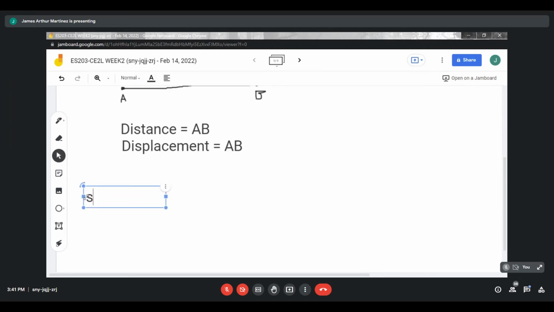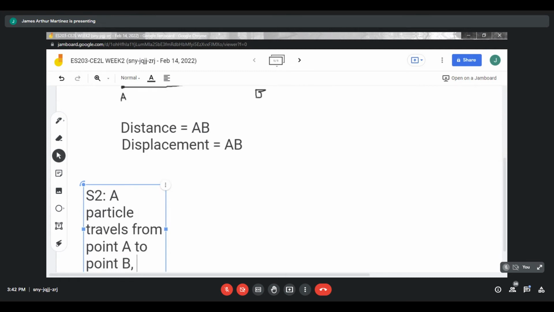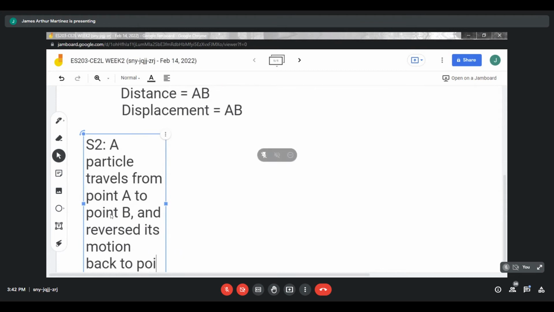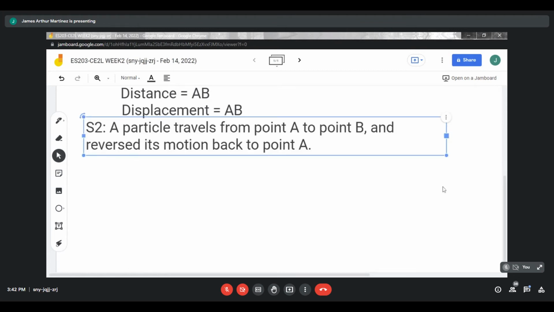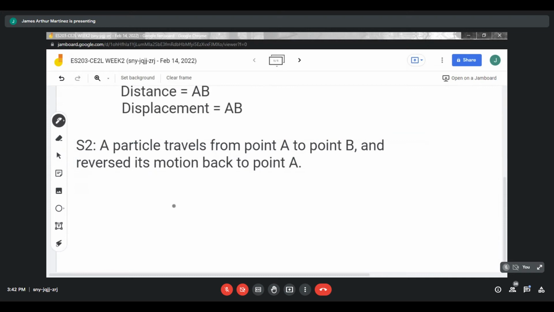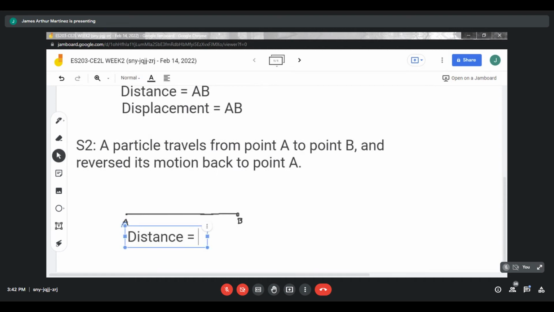So let's say for situation number 2, a particle travels from point A to point B and reverses its motion back to point A. It is the same scenario, except that after reaching point B, it reverses its direction back to point A. Again, this is point A and point B. So let us determine the distance.